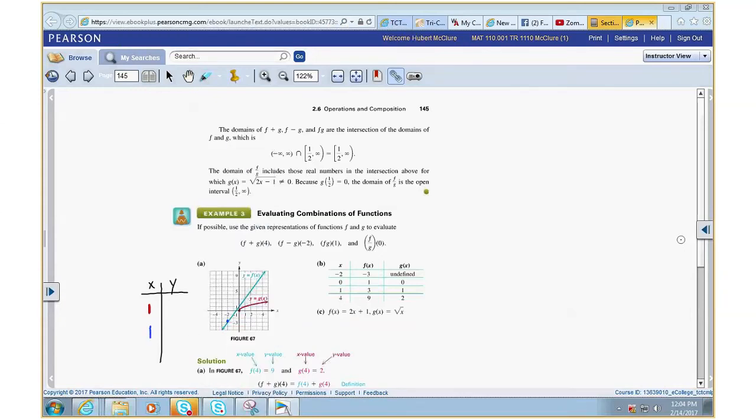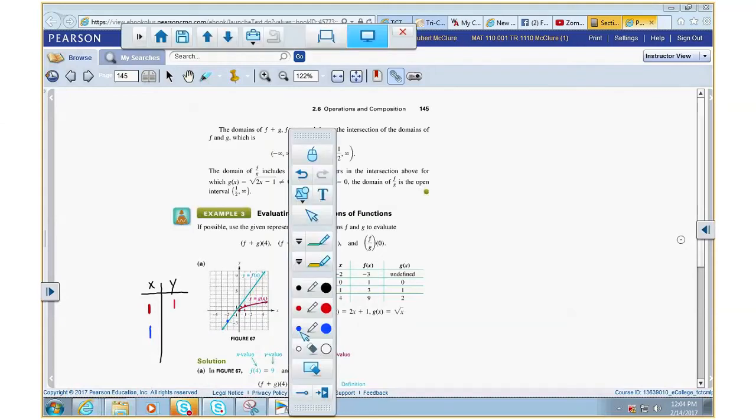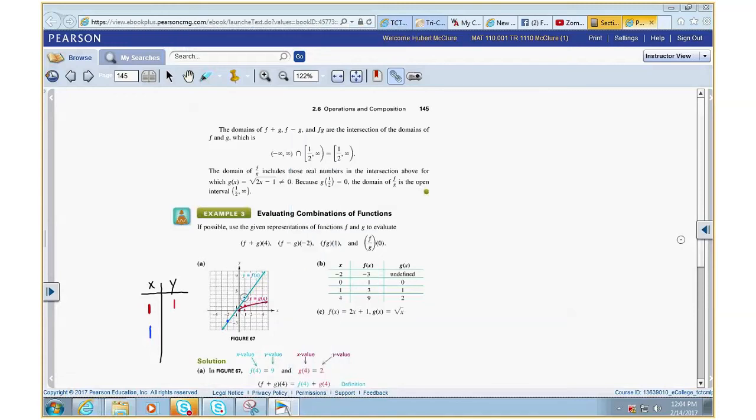All right, so let's go back to 1. 1 is red. 1 gives you what? Y is 1. And the blue, 1 is what? 3. Now what do you do with this one? F times g. What's 3 times 1? 3. So your answer should be 3. That's how you do f times g of 1.